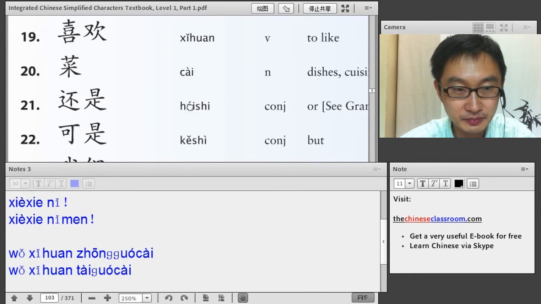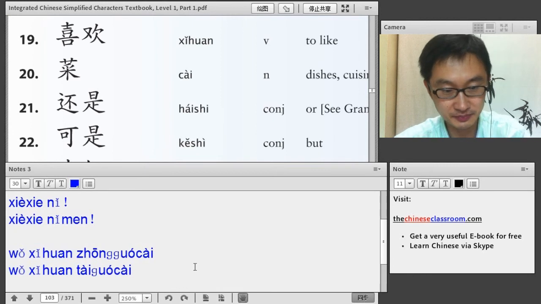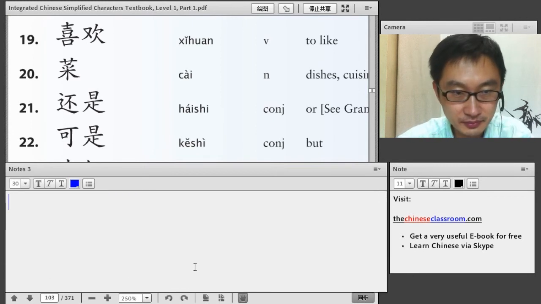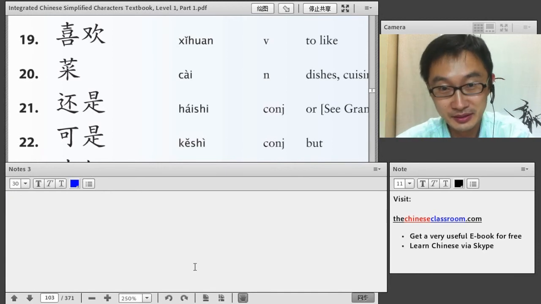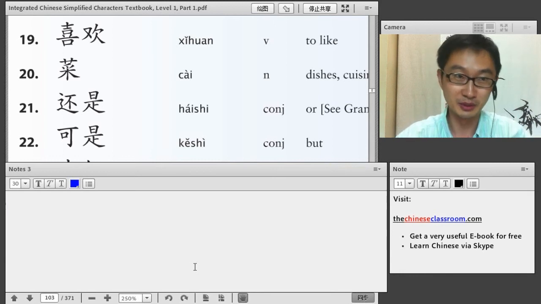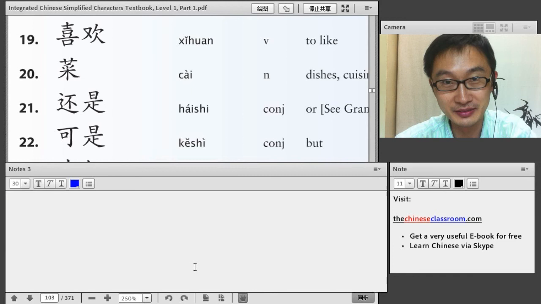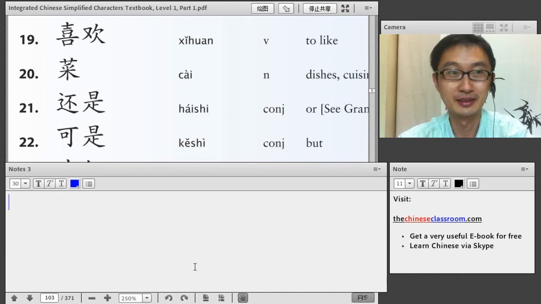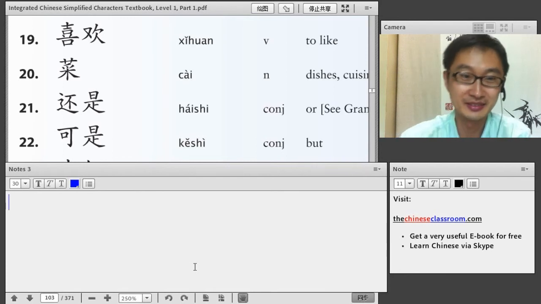Next one, 还是 and 可是, that's very similar. 还是 means or, a conjunction connecting two parts, this one or that one. This 还是 is only for questions. When you ask a person's idea or suggestion, like do you want tea or coffee, you will use this 还是.